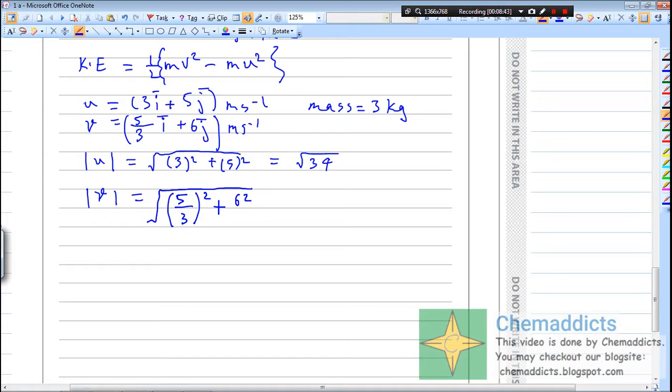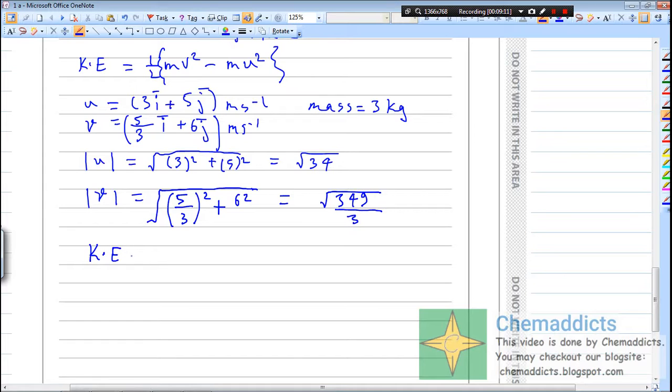Same goes with initial velocity, same goes with final velocity. So if we calculate, we end up with something like this: root over 349 by 3.